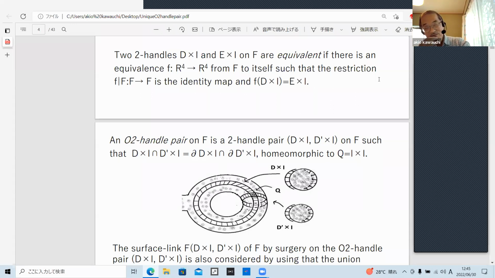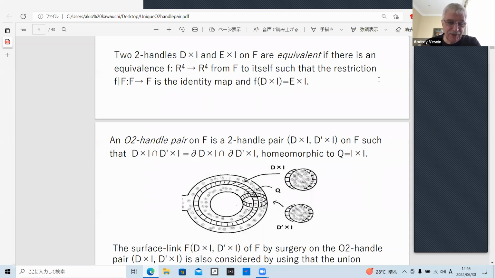In four dimensions this is very critical: a 2-handle and its complement must both be 2-handles. So such general surgery theory goes well in four-space. A 2-handle and a 2-handle is just a complementary pair. Okay, thank you very much.